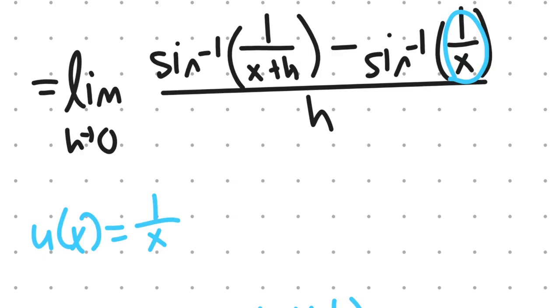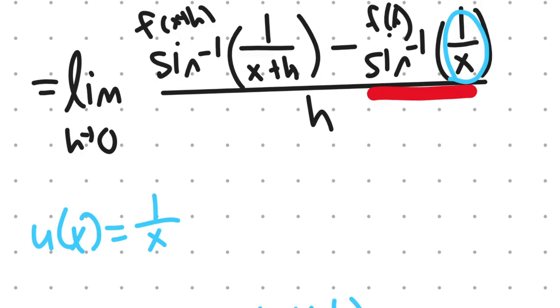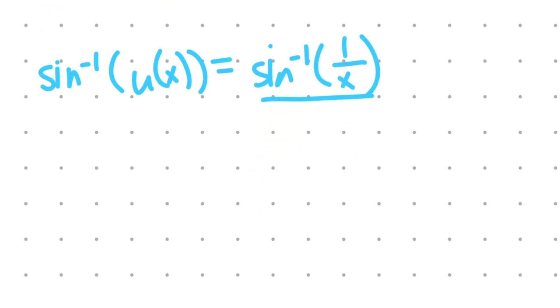We also know that the normal structure is the limit as h approaches 0 of f of x plus h minus f of x over h. So f of x is simply equal to the inverse sine of 1 over x. So we can just write that the inverse sine of u of x is equal to f of x. So this is the full function f of x.